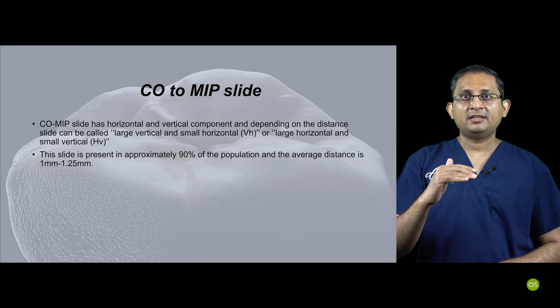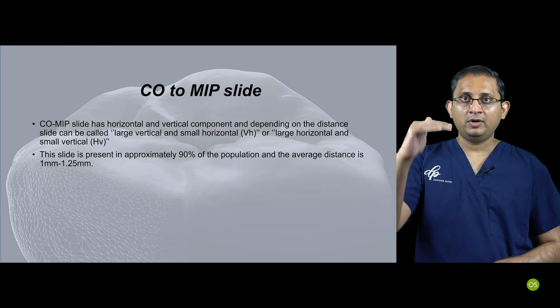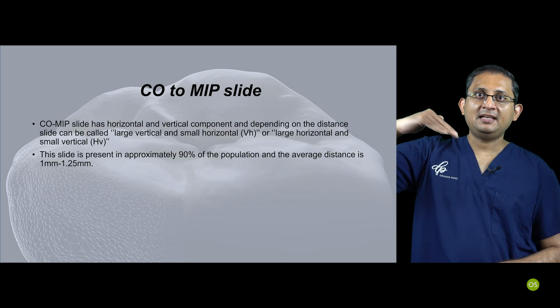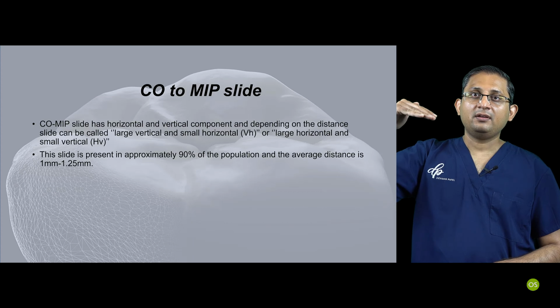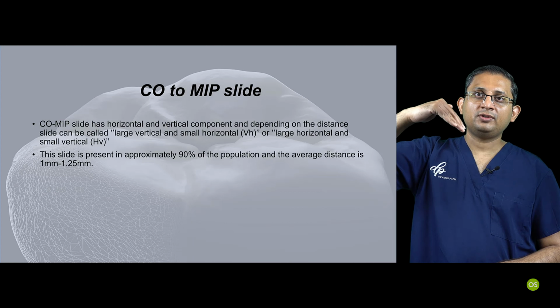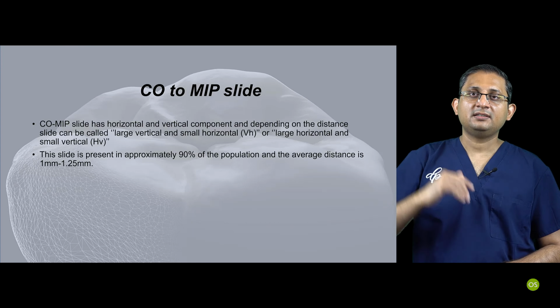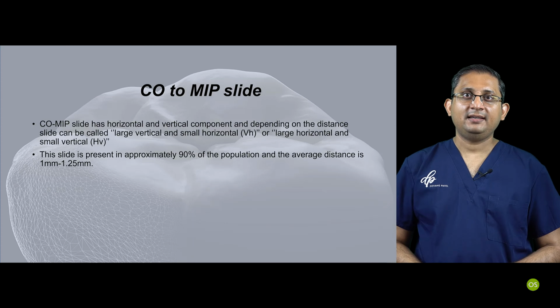Studies show that the majority of patients have more vertical slide than horizontal. The jaw still moves in an oblique plane like this, so it moves horizontally and vertically, but that line is more steep, so the jaw moves more upwards than sideways, and that's good for us, and you will see why in later lectures.